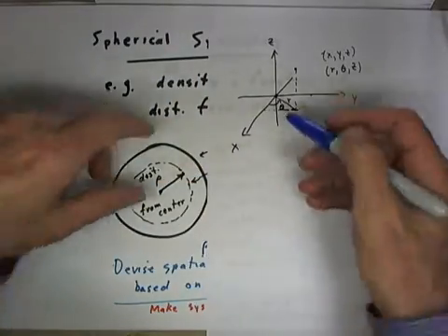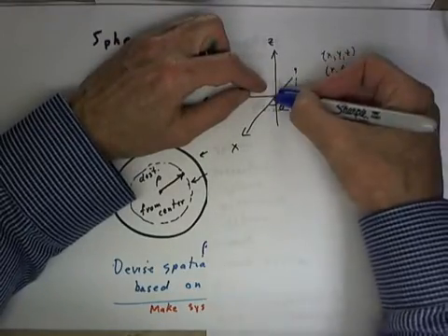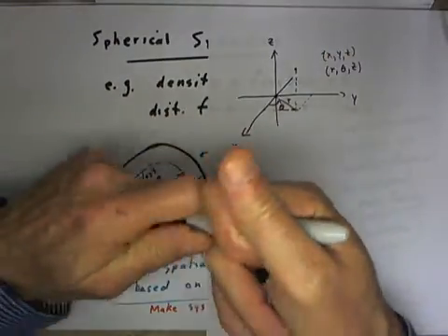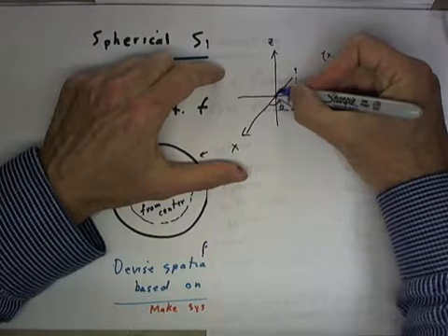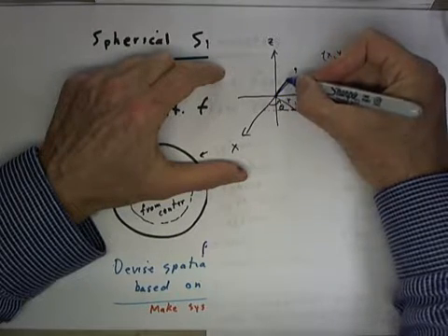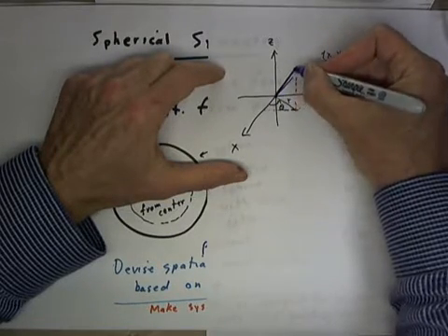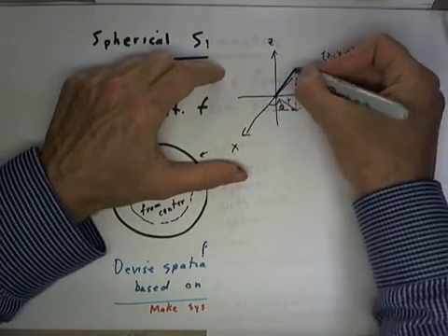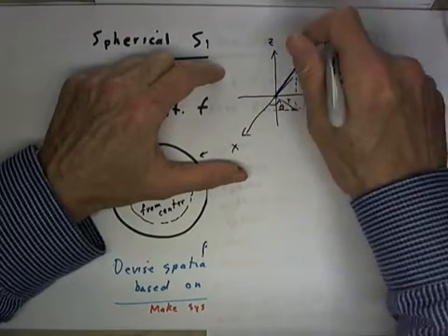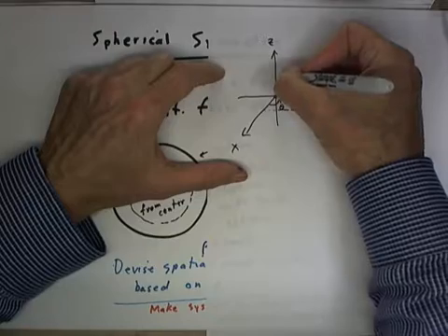And we've also said that we want rho to be the distance from the origin to our point. So this distance from the origin to our point is going to be rho.